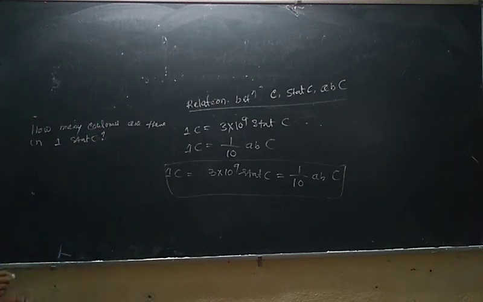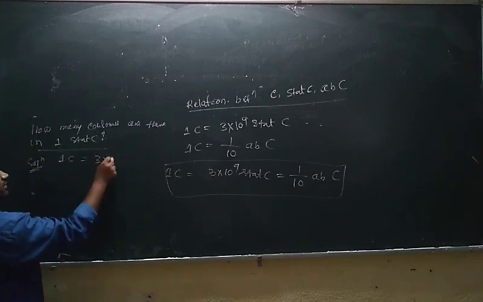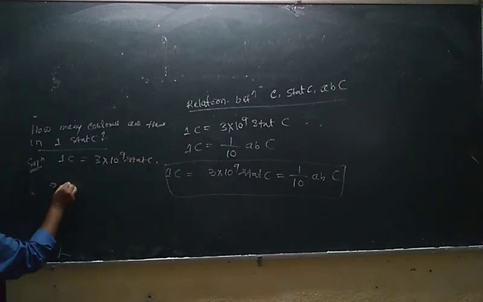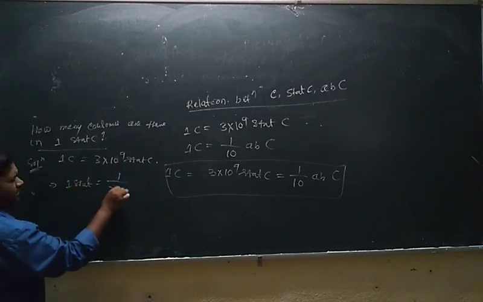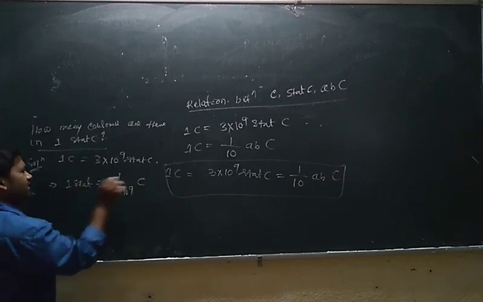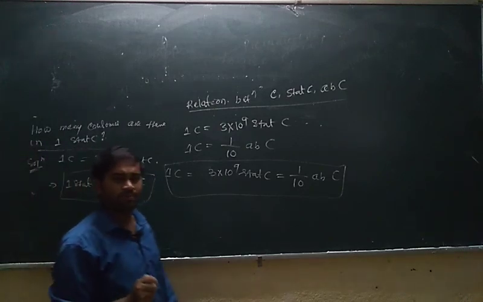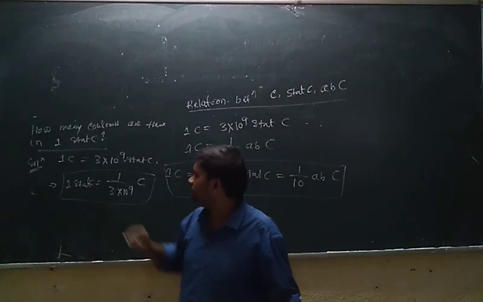Okay, how many coulombs are there in one statcoulomb? If you take the relation, 1 coulomb equal to 3 into 10 to the power 9 statcoulomb, then 1 statcoulomb equals 1 by 3 into 10 to the power 9 coulomb. So 1 by 3 into 10 to the power 9 coulomb charge will exist inside 1 statcoulomb.